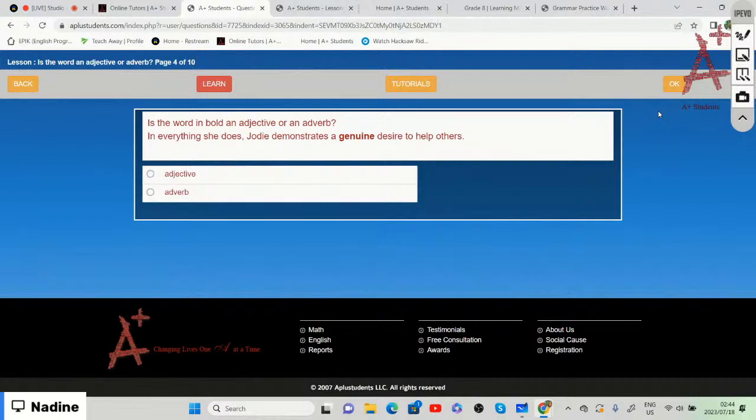In everything she does, Jody demonstrates a genuine desire to help others. Is genuine an adjective or is genuine an adverb? We need to choose the correct one.